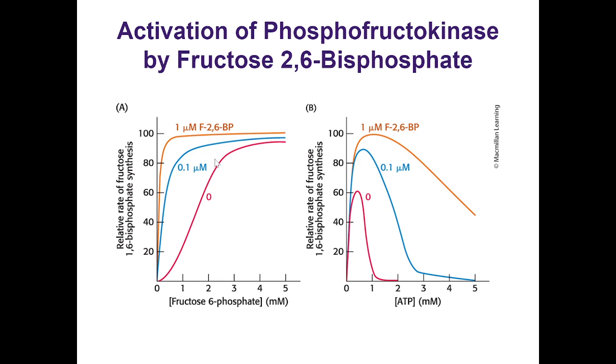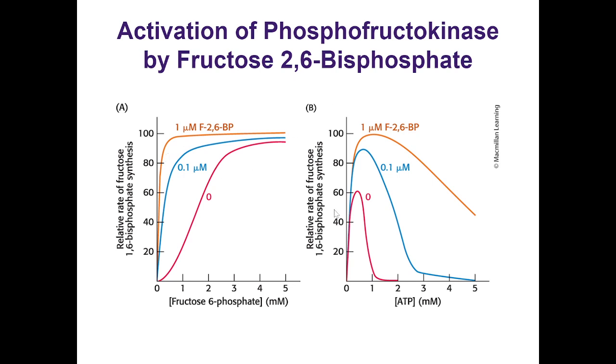This right here would be your different concentrations being put in. And what we can see is 0.1 micromolar is actually quite a bit of activation. When we get up to 1 micromolar, this thing skyrockets almost immediately to max. Everybody see that? It's quite effective, right?